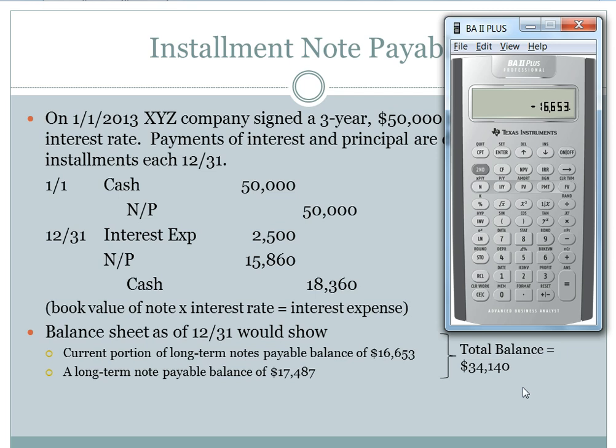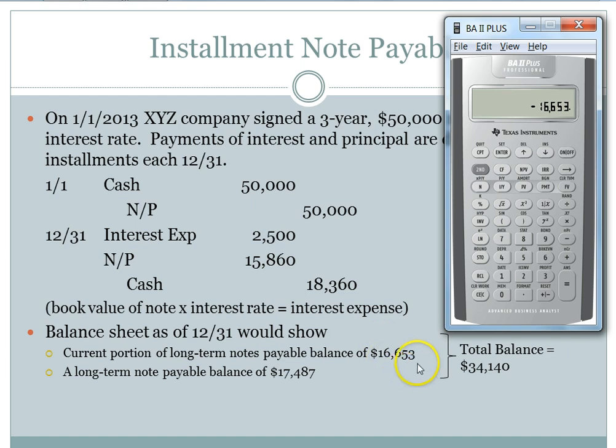The way to do that is to determine what part of the note payable is going to be paid in the upcoming year. And that effectively means that I need to do this calculation for 2014. If you can replicate this calculation but for 2014, you will see what your debit to notes payable will be December 31st, 2014.